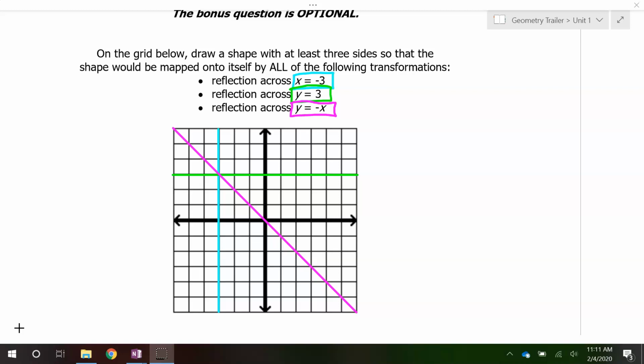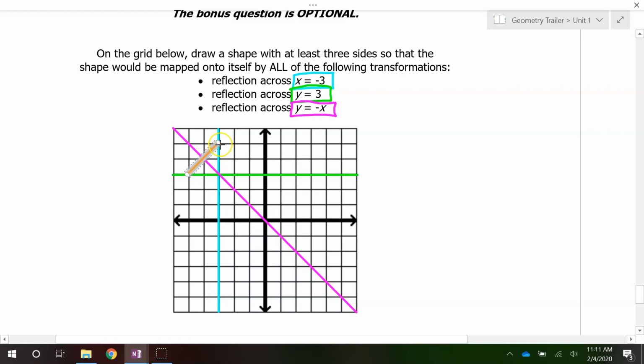So, okay, if I draw a segment from here to here, why didn't it draw anything? Okay, let me try that again. If I draw a segment from here to here, so far that is symmetric over that line. Okay, now whatever I draw next has to be symmetric over the blue line.